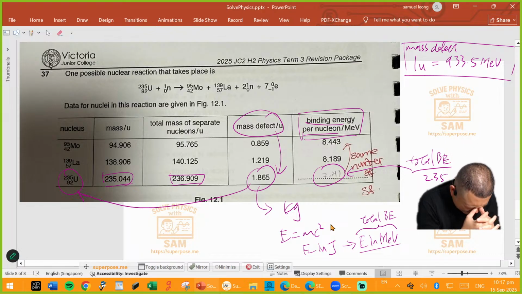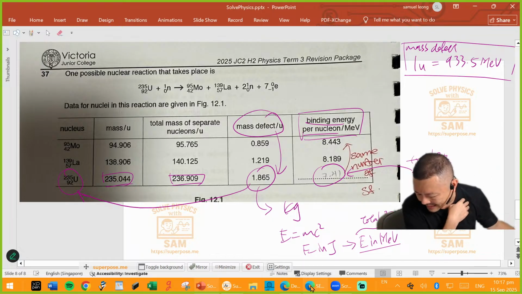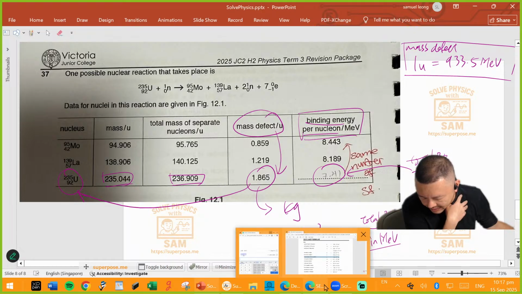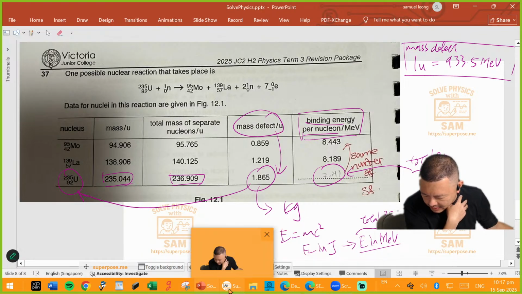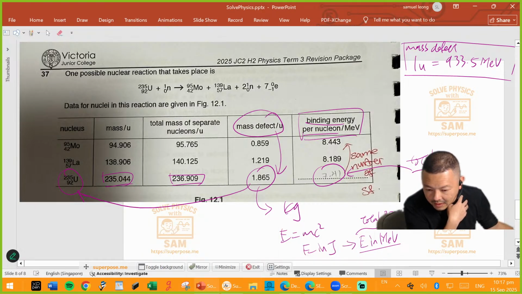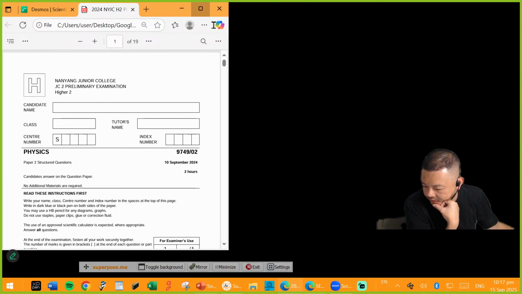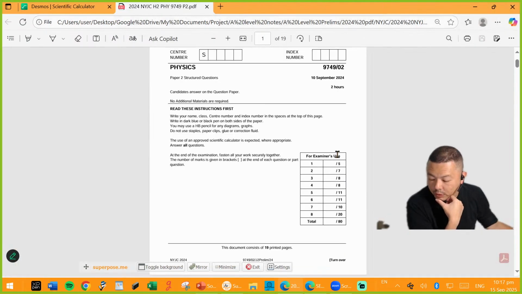How many marks again? Sometimes is it 20 or 25? Total is 90, is it? Total is 90. Data response is... non-official exams, it can change, right? So total is 80 marks, sorry. 80 marks. Data response is 20.